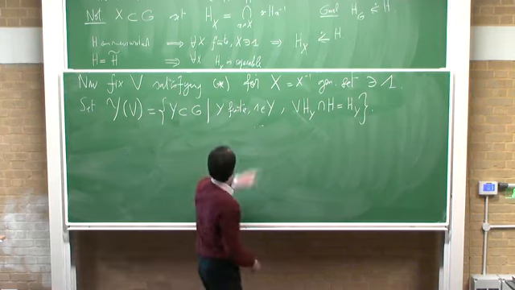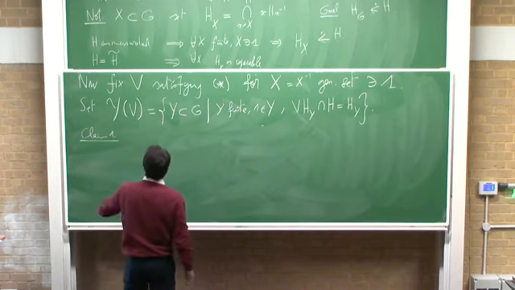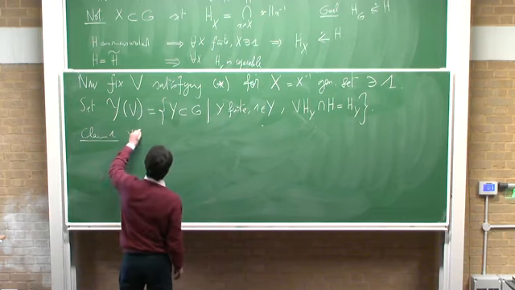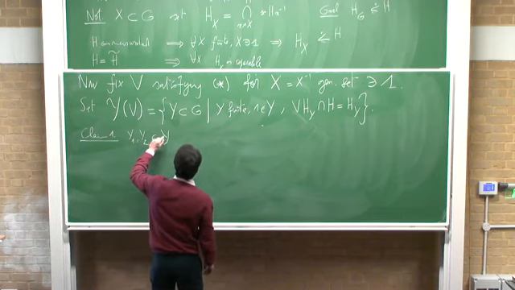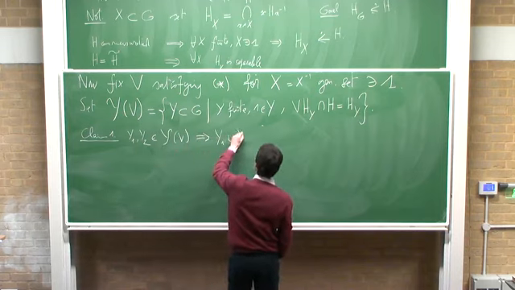So claim 1: if Y1, Y2 are in Y_V, then the union is also.